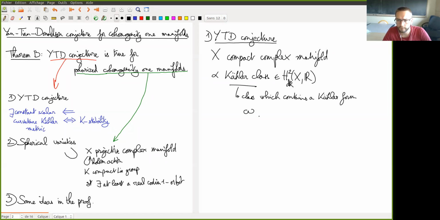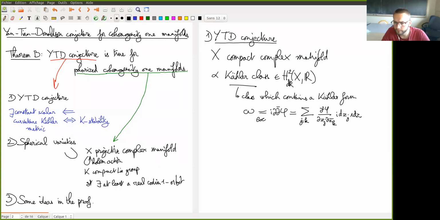And a Kähler form is given, a definition can be given in the following way. It means that omega can be written locally as i∂∂̄ of a function phi, which means I can decompose it, write the coefficients with respect to a given local holomorphic chart, in that way.